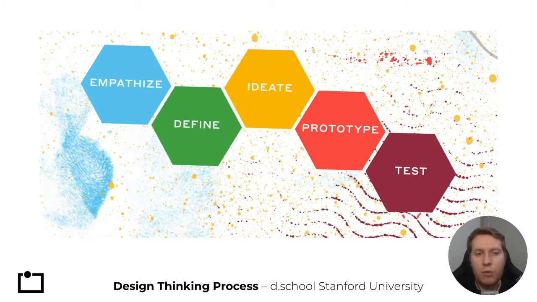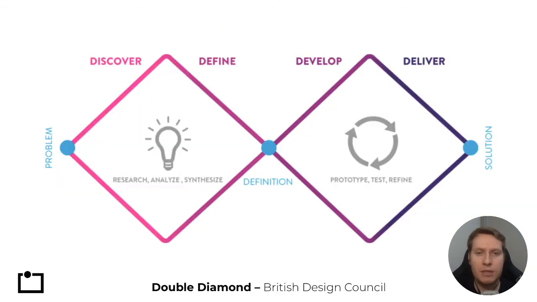We never go straight from the beginning to the end. We try a solution, we prototype that solution, then we test it, then we get back here to ideate or to define the problem, because the problem wasn't 100% clear. So we need to define it, or to better understand the user and his or her problems.